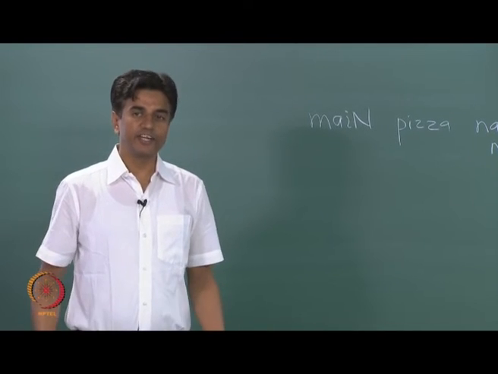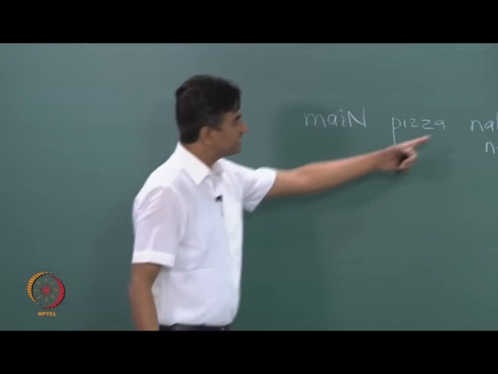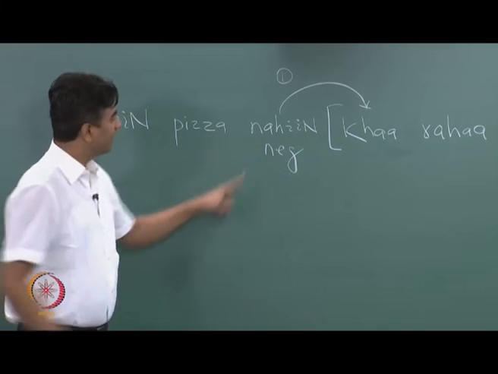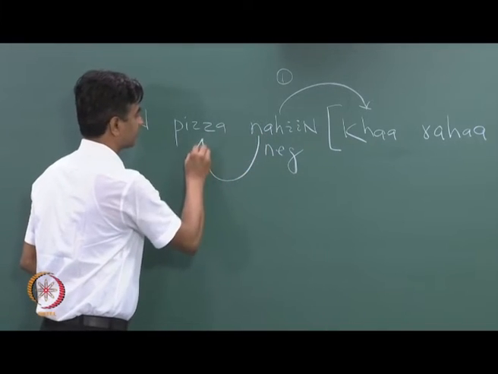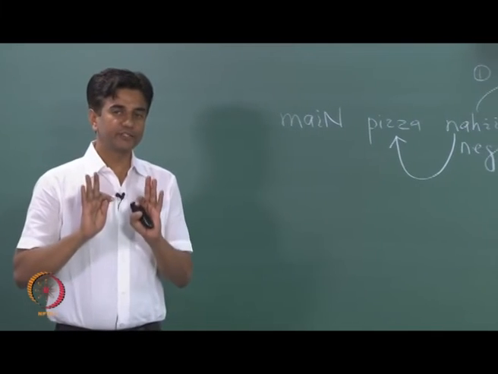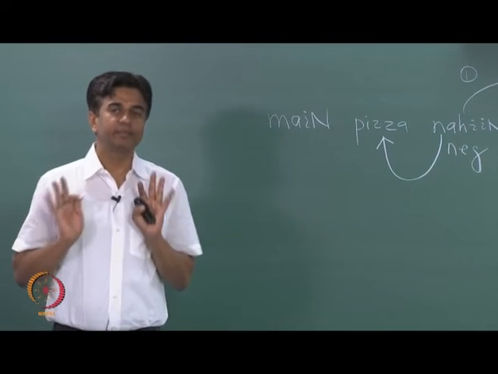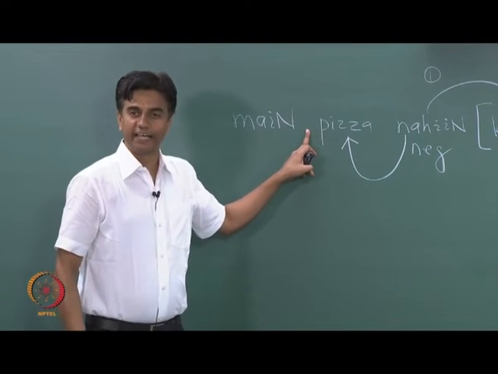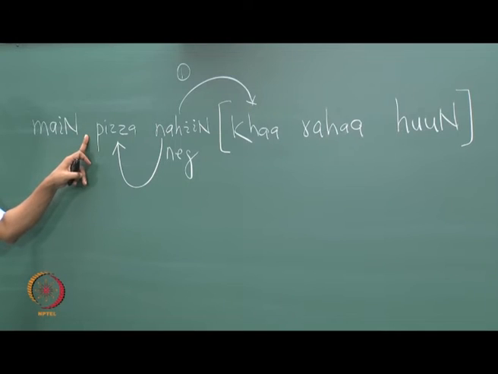In its secondary reading, this negation may also negate pizza. Listen to this carefully. May also negate pizza. Just like if it was available here, it would have negated this one.